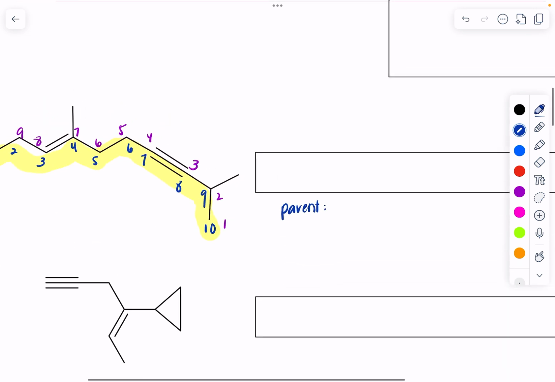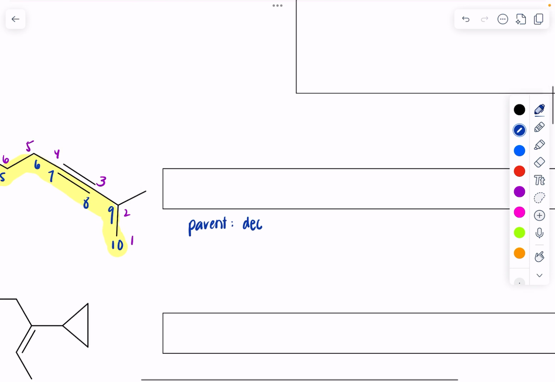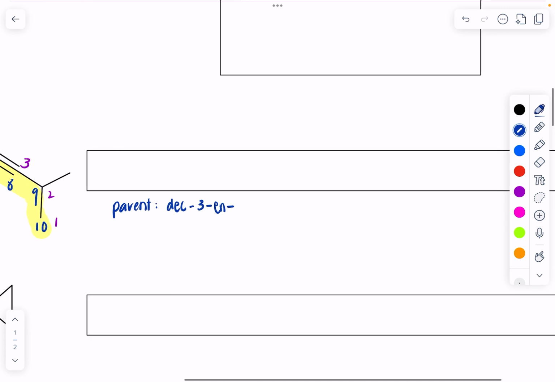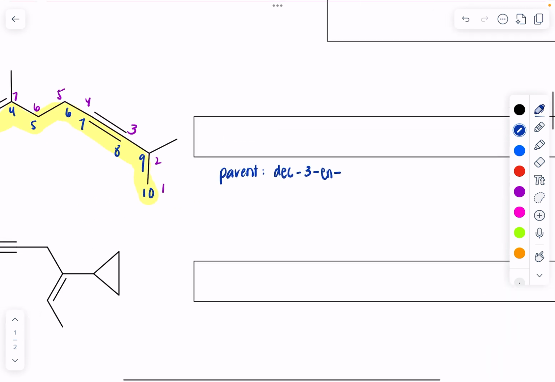So our parent would then be, we have a 10 carbon chain, so dec. We have 3-ene, and then you always want to do stuff alphabetically. So Y is after E, so you're going to put your double bond naming first, and then you'll finish with 7-yne.